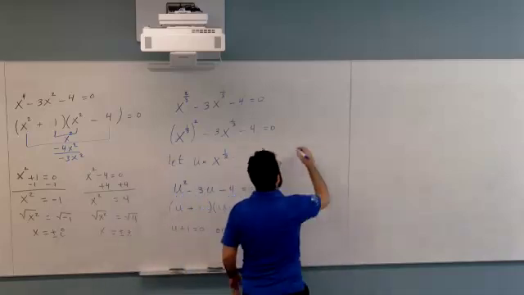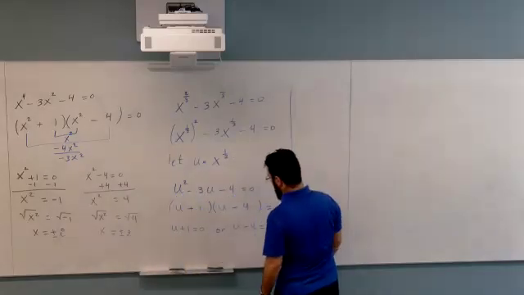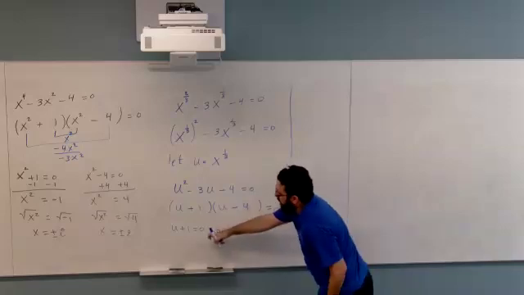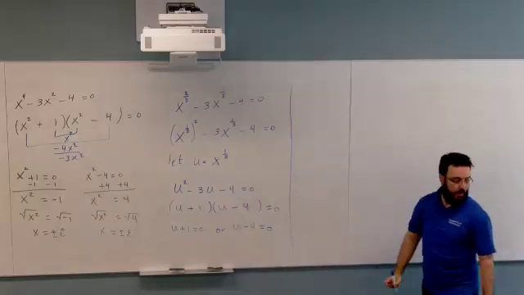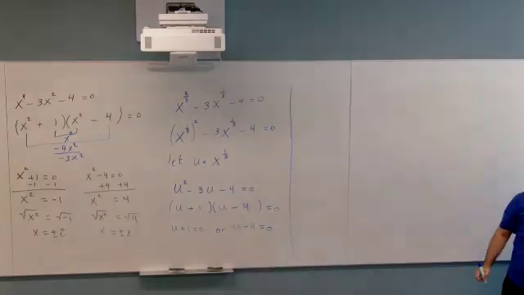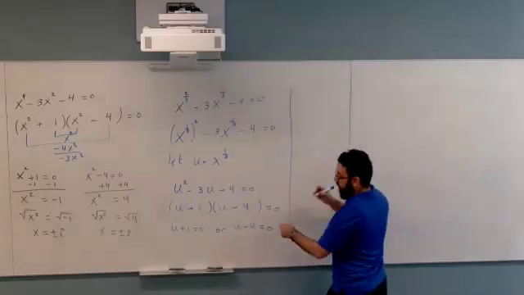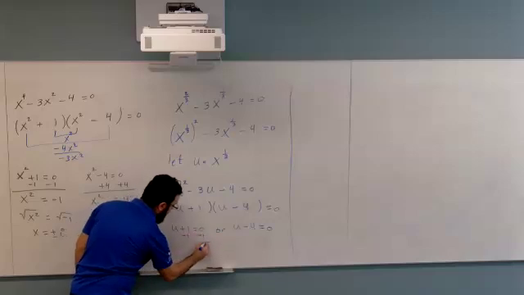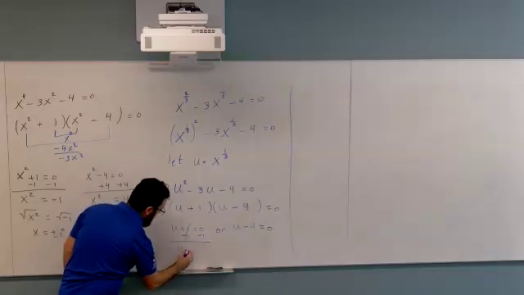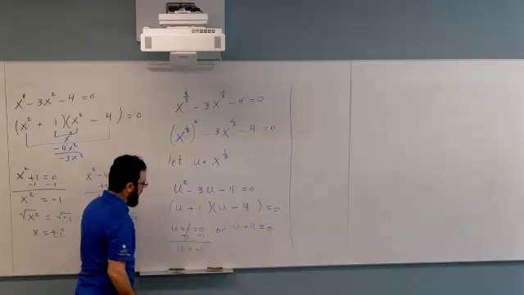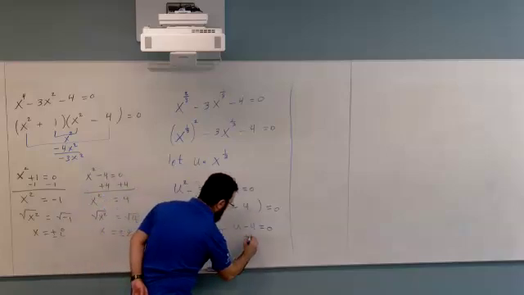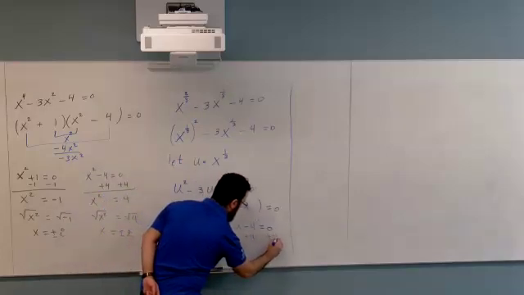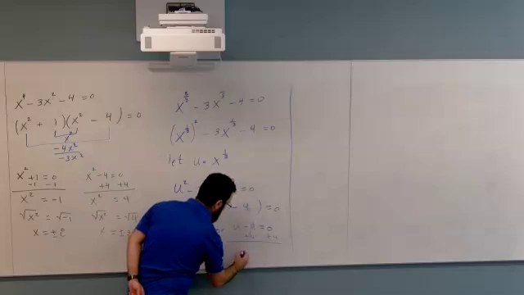Okay, so far? Let's solve the first one. Minus 1 from both sides. That means u equals -1. And here we're going to add 4. So u equals 4.